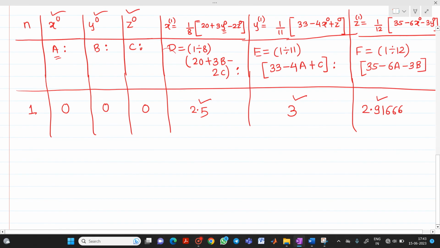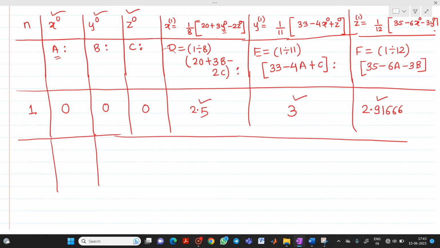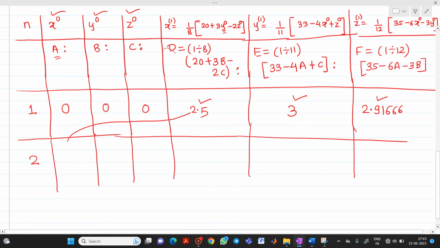Okay. Now again what to do? Now I want to solve for iteration number 2. So let me first draw a table. Now in your calculator, this value of 2.5 should be written here. This will be your 2.5. Then here you have to write the value of x1 at the end of iteration 1.